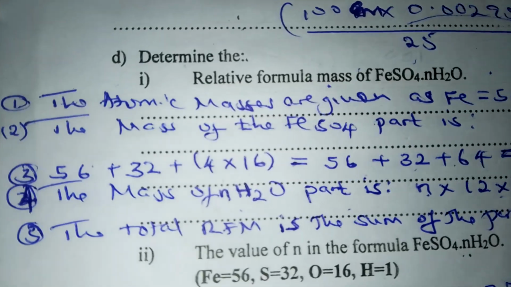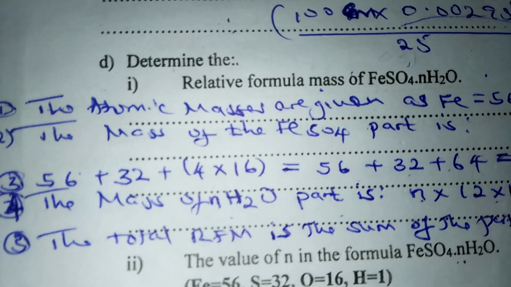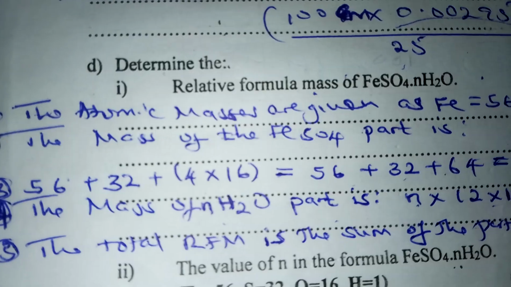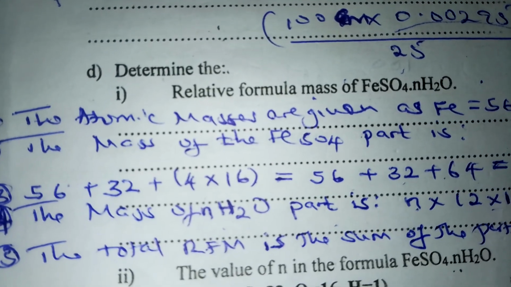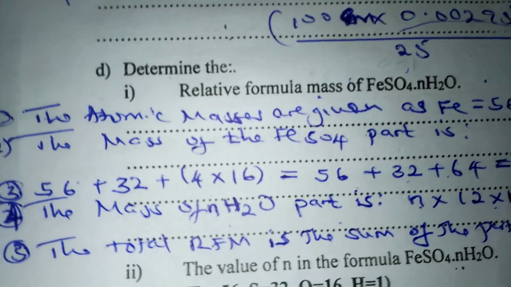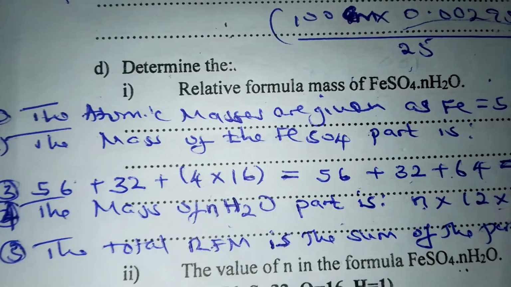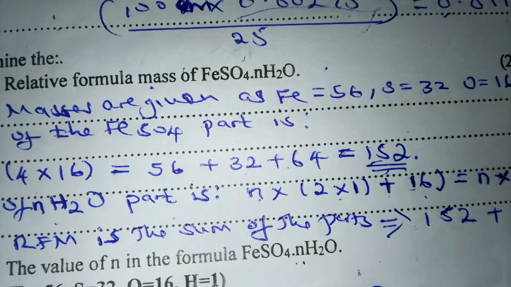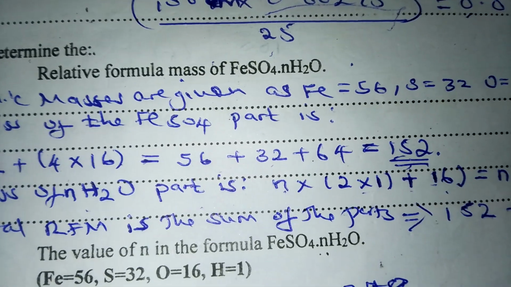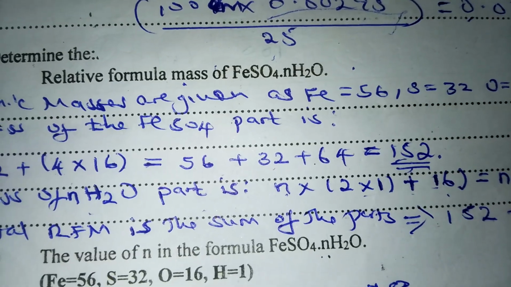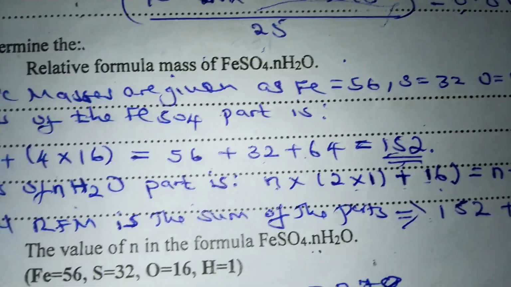Since iron has only one atom, we added 32 of sulfur, and then oxygens are 4, that's why we multiply by 4, that is 16 times 4. Then we got 152. If you add 56, 32, 64, you get 152.